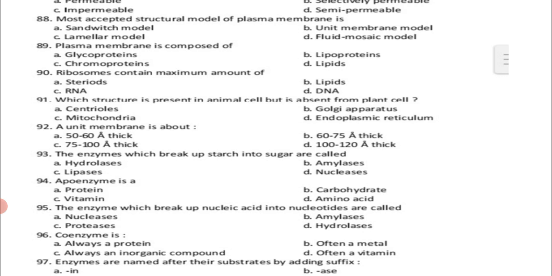Question number 95. The enzyme which breaks up nucleic acid into nucleotides is called nucleases. It may be endonucleases or exonucleases. The endonucleases cut nucleic acid in the middle or randomly, whereas exonucleases cut the DNA or RNA at the ends.